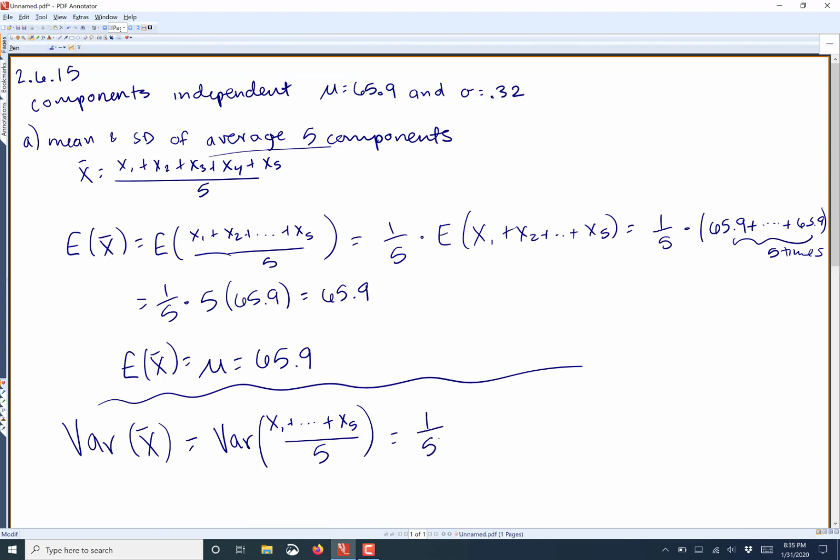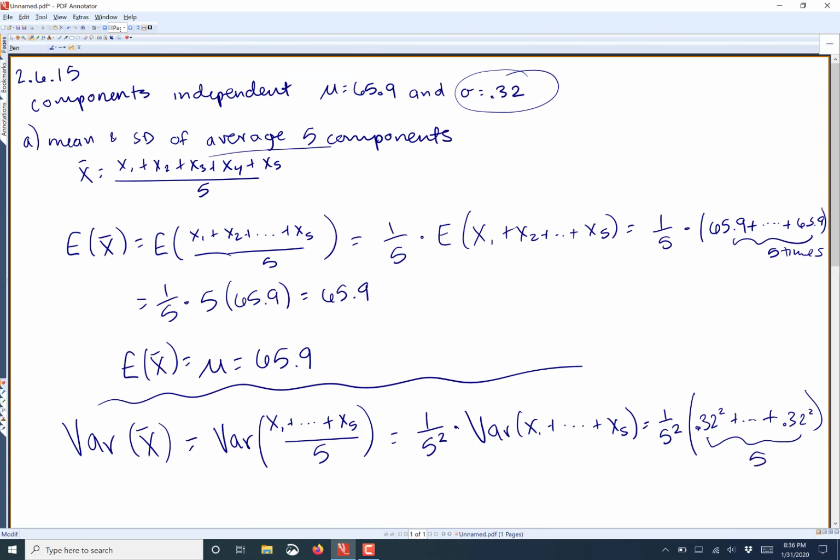So we have 1 over 5 squared times the variance of x1 plus all the way up to x5. And you can just add the individual variances. So this will be 1 over 5 squared times, now these are only standard deviations here, so we'll have to square those to get variances. So it'll be 0.32 squared plus all the way up to 0.32 squared, and we're going to do that 5 times.